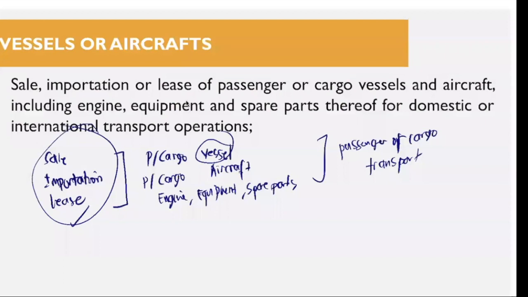So importation, that is the only exempt one. So if you sold professional equipment, it is taxable already, because under the law, what is exempt only is the importation of your professional equipment. Okay? So remember the transactions, and remember the items that are exempted. Vessels or aircraft: we have three transactions and the items: passenger or cargo vessel, passenger or cargo aircraft, engine, equipment, and spare parts of that passenger or cargo vessel or aircraft.